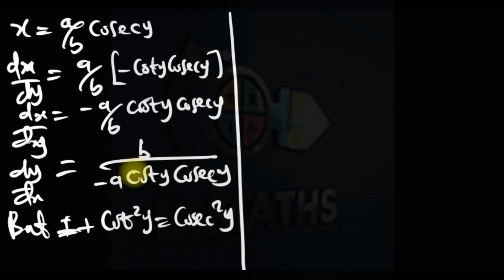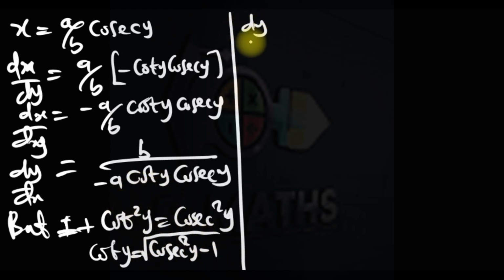So we need to write cot y in terms of cosec. Making this the subject of the formula, I have the square root of cosec squared y minus 1.